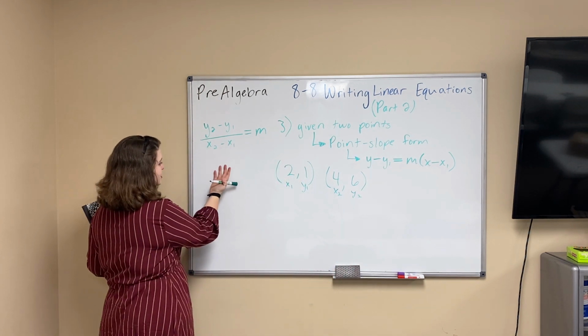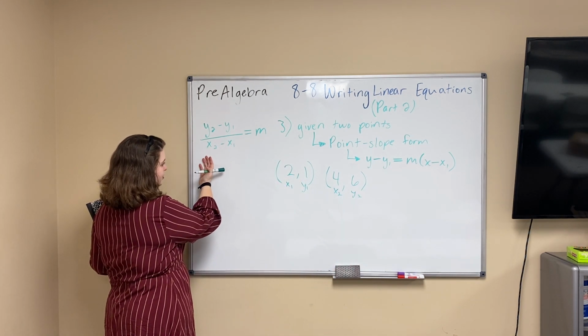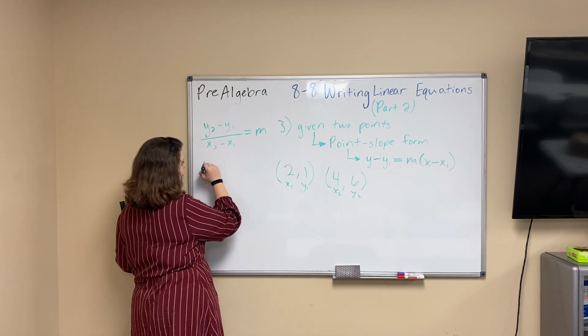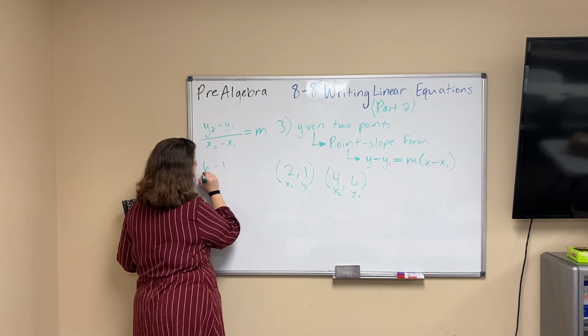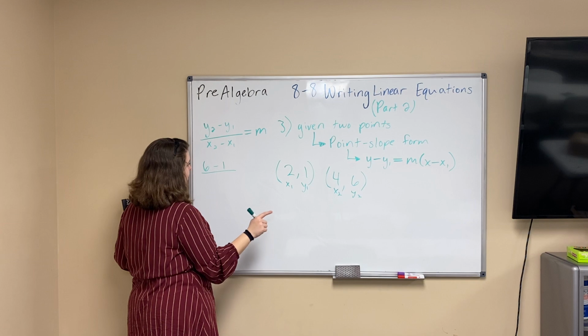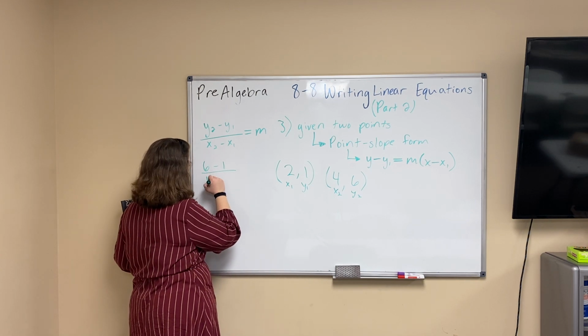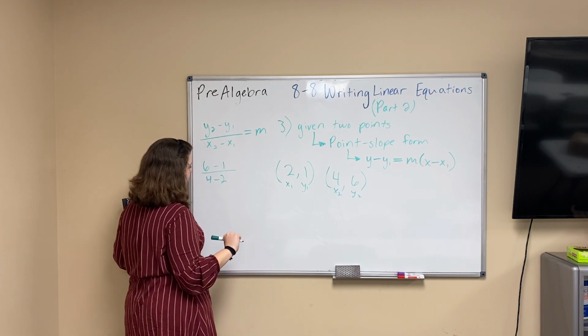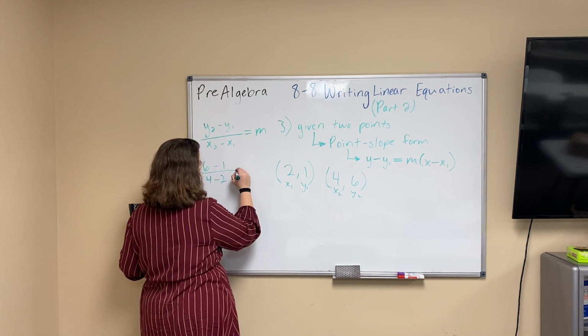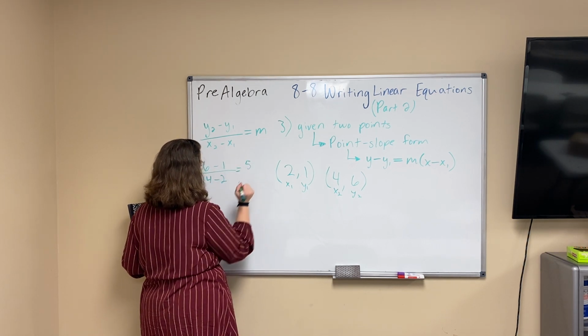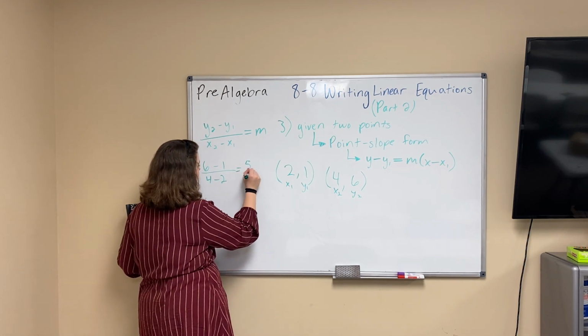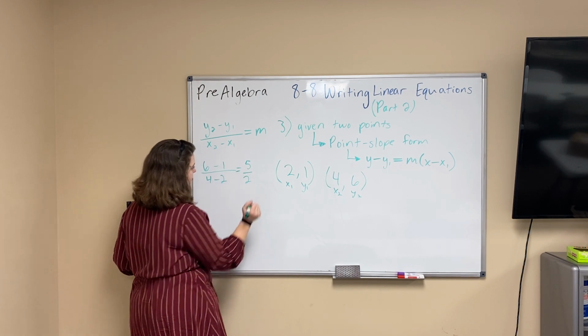We're going to put it into our slope formula. y2 minus y1. So we're going to do 6 minus 1 over x2 minus x1, which is 4 minus 2. 6 minus 1 is 5. 4 minus 2 is 2.